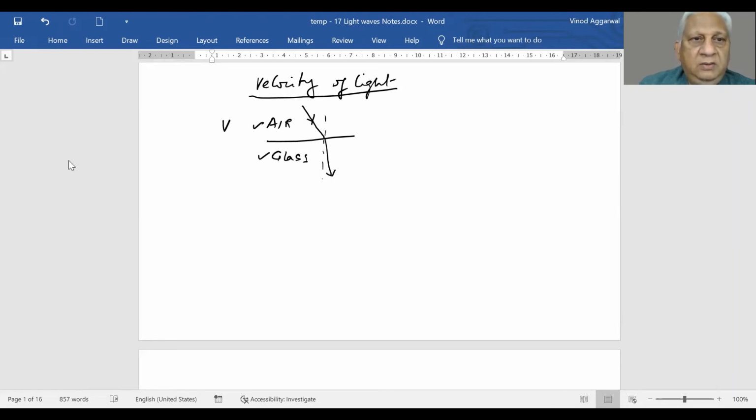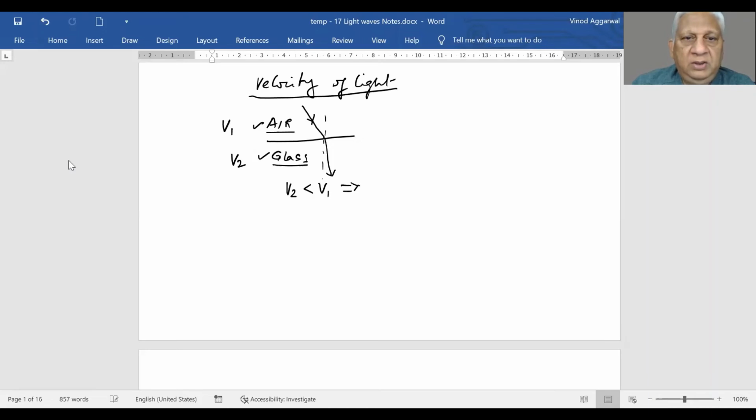If we take velocity of light here as v1 and here as v2, then since glass is denser than air in terms of optics, so in glass the velocity is lesser than what it is in air. So we can say v2 is less than v1.